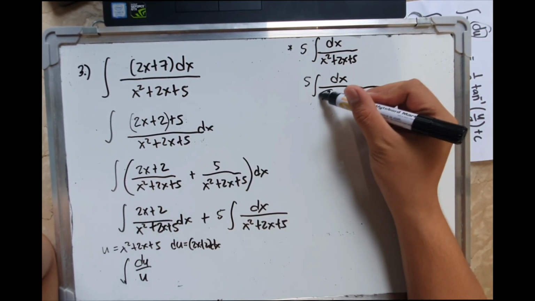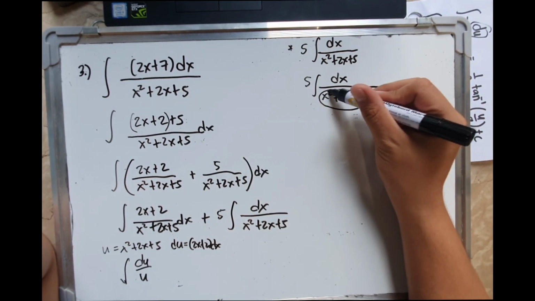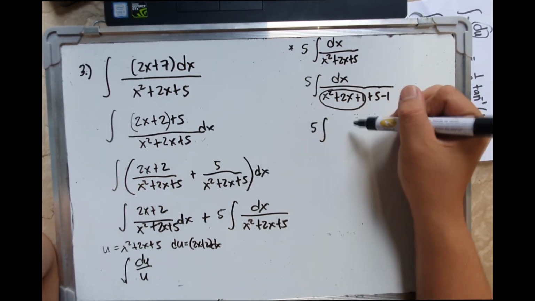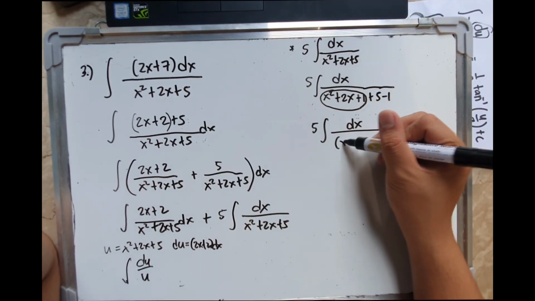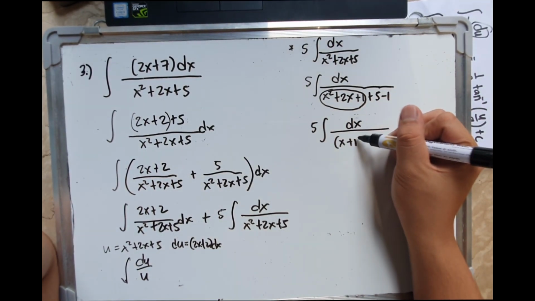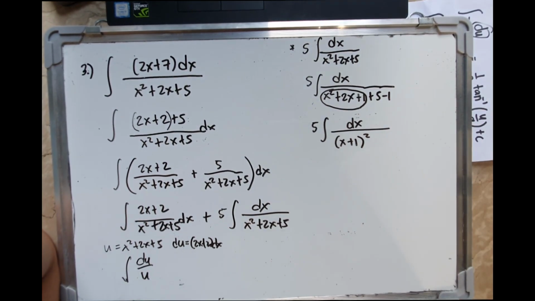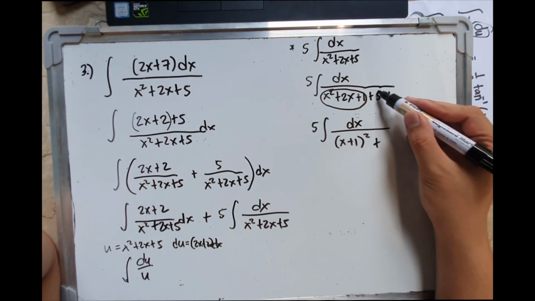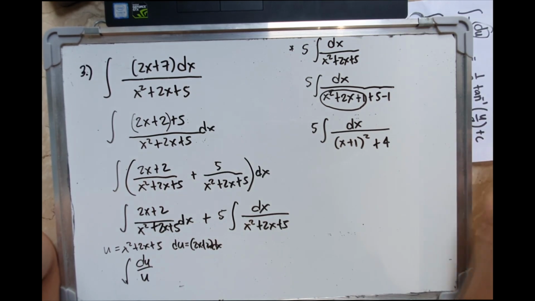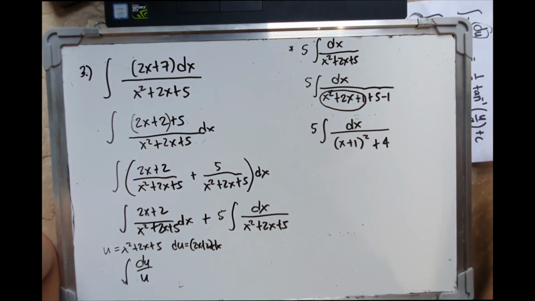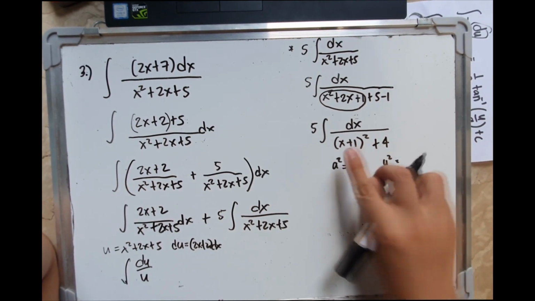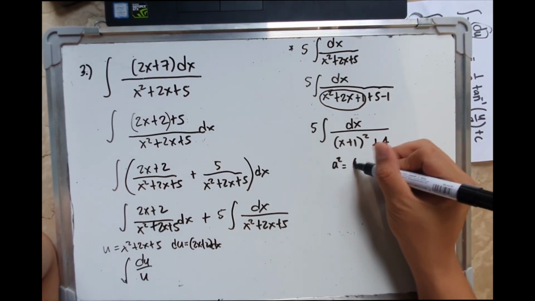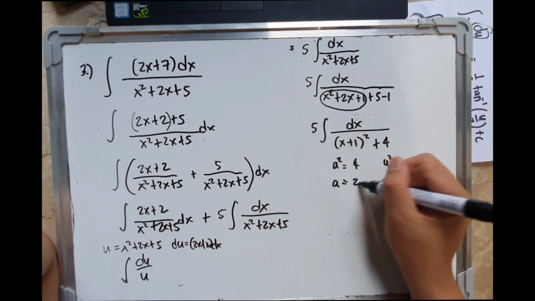Now notice we can factor this. So 5 times the integral of dx over the factor x plus 1 squared, plus the result of 5 minus 1, that is 4. We can now see what the a squared and the u squared are. The a squared is 4, then a is 2.